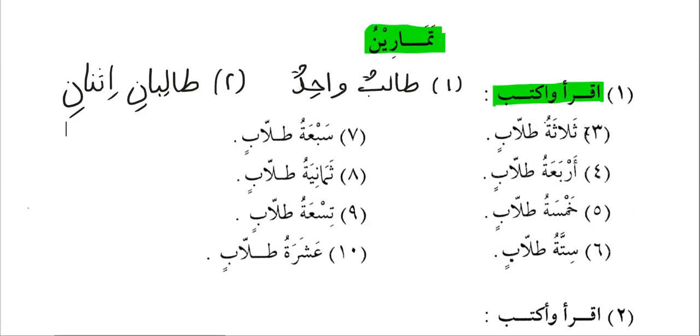And then the rule starts from 3, what we're learning. ثلاثة طلاب, أربعة طلاب, خمسة طلاب, ستة طلاب, سبعة طلاب, ثمانية طلاب, تسعة طلاب, and then عشرة طلاب.